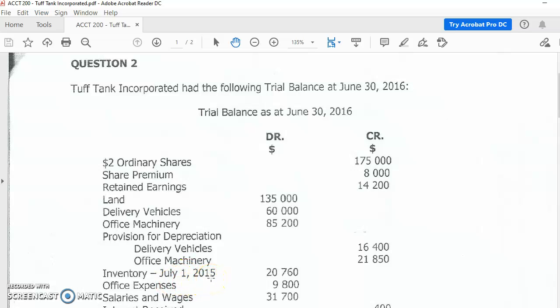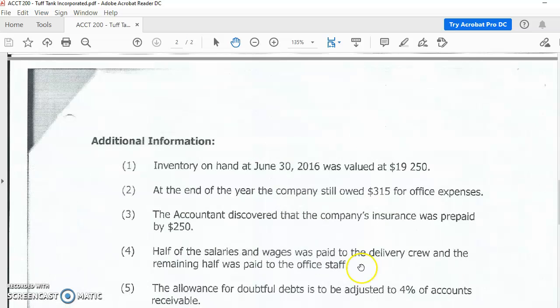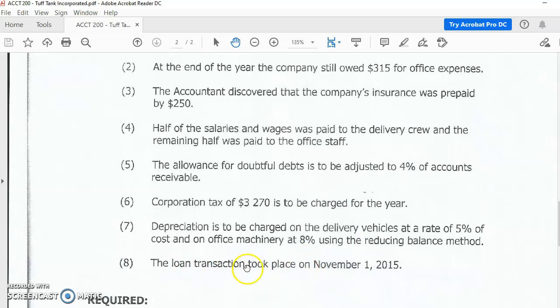And the question told us in the additional information that the transaction with respect to the loan was on the 1st of November 2015.